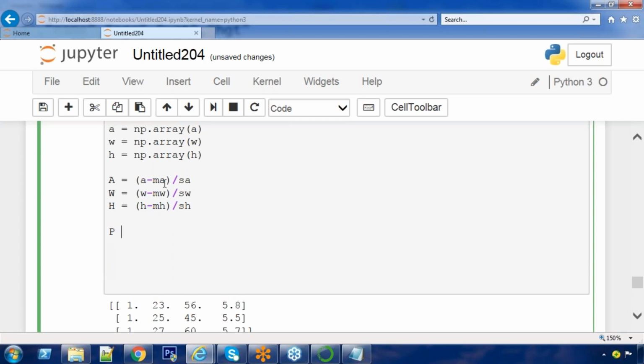Capital P notation I am giving for the predictable matrix. NP dot C underscore. First I need ones. Let's say P equal to NP dot ones of data as the first column, capital A second, W next, H next.